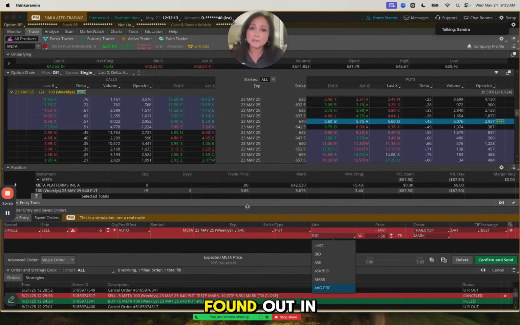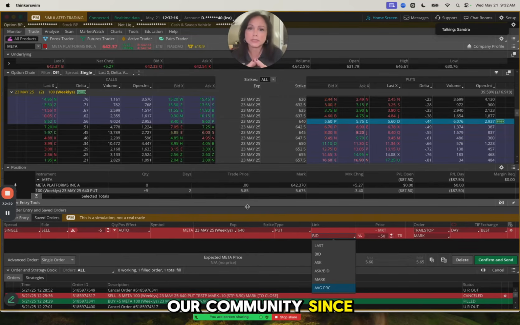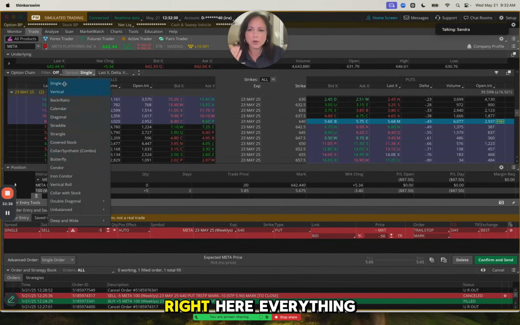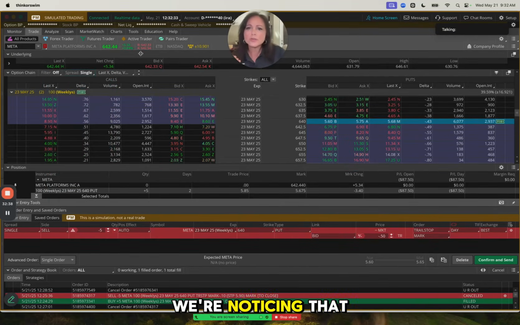So what we've found out in our community since the Schwab takeover is that on vertical spreads or any other type of spread trading, not the singles, but these spreads right here, we're noticing that all of our trail stops are getting stopped right out at the morning open, but never the take profit, even though your position is in profit.